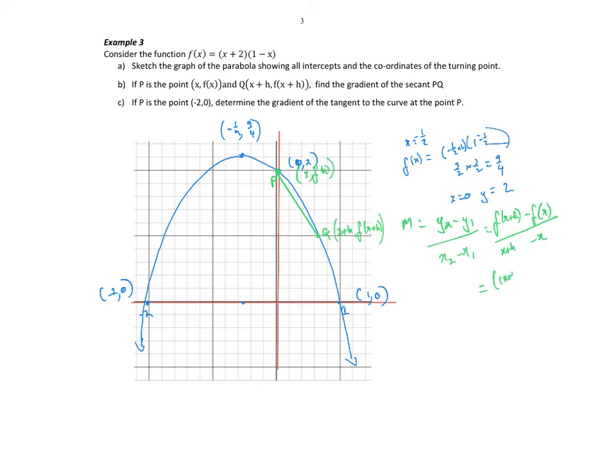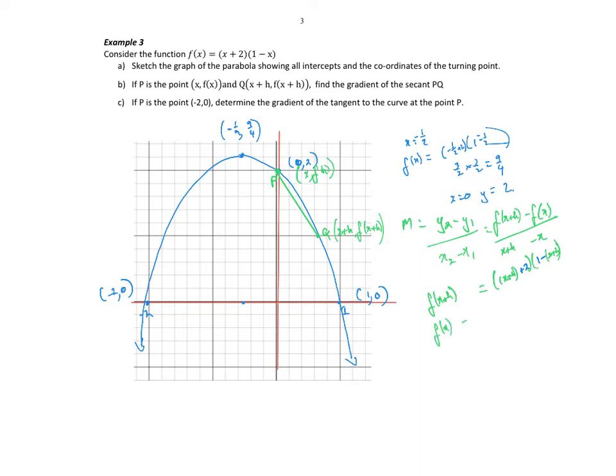So there's x plus h plus 2 times 1 minus x plus h. Yeah, so there's f of x. So I might just work them both out separately. There's f of x plus h.